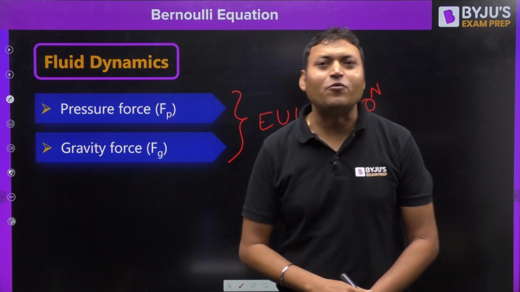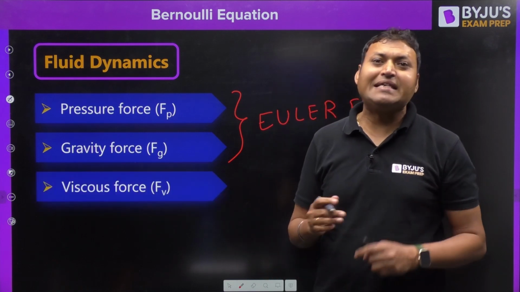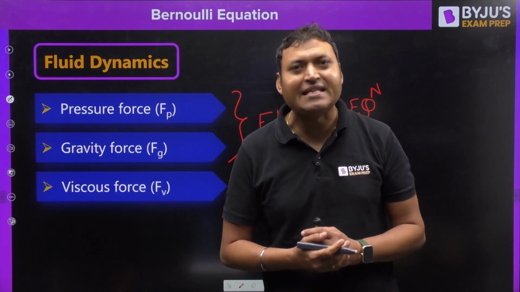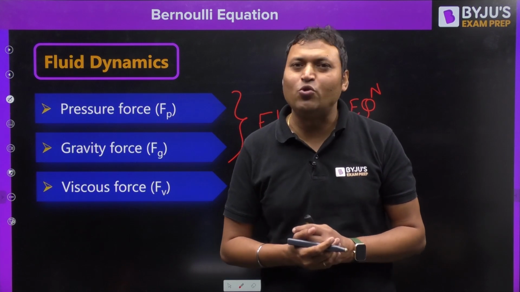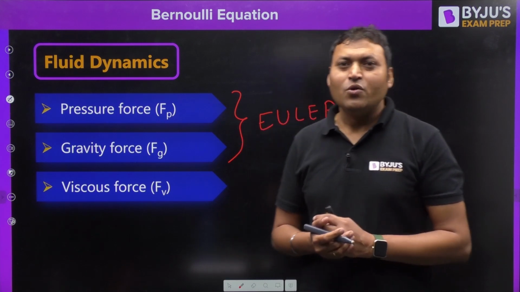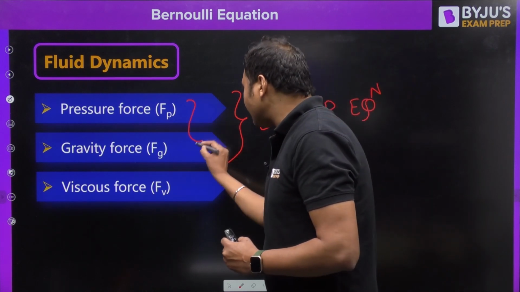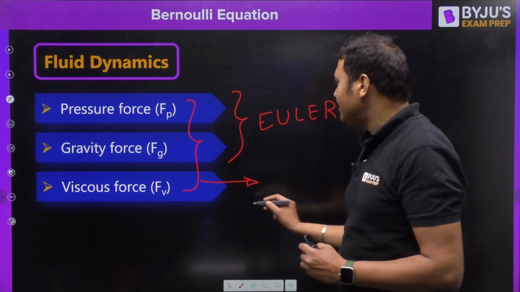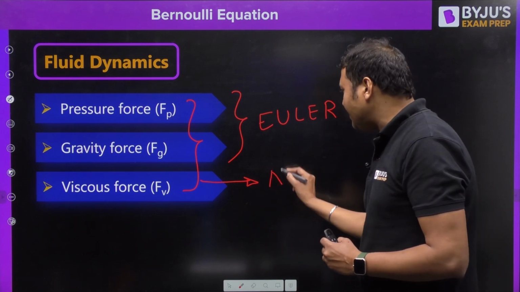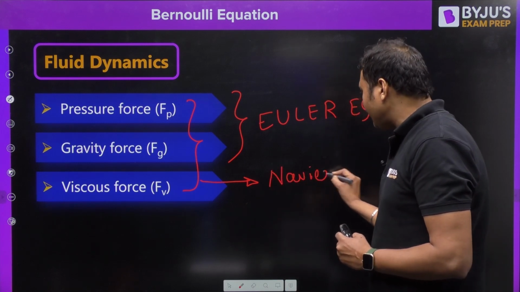The next major force causing the fluid motion is the viscous, shear or tangential force, which is developed due to the viscosity of the fluid, and which is always acting tangential to the fluid. When all these three forces are taken into consideration, then the equation obtained is called the Navier-Stokes equation.